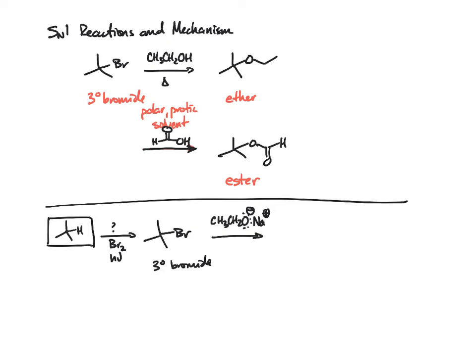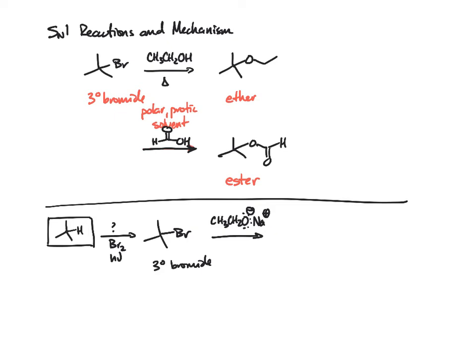So you identify the leaving group, you have to go one carbon out. That carbon has a hydrogen, and it doesn't matter which one because they're all the same. This will now, instead of acting as a nucleophile, act as a base. It abstracts a hydrogen and eliminates that bromine.